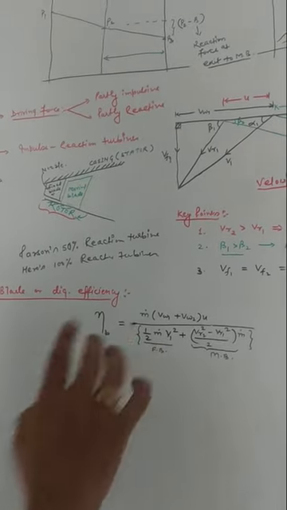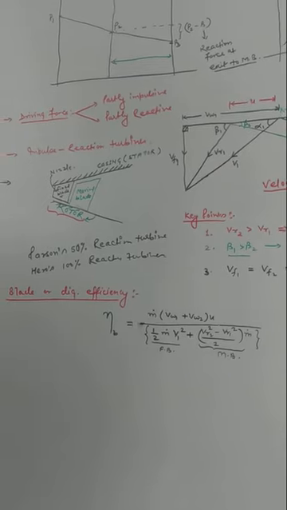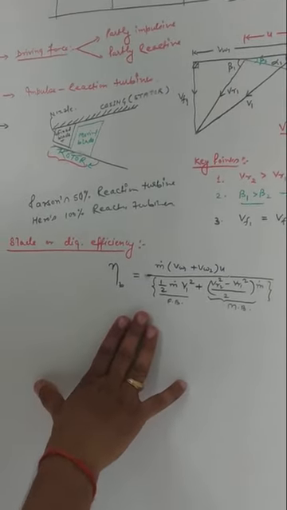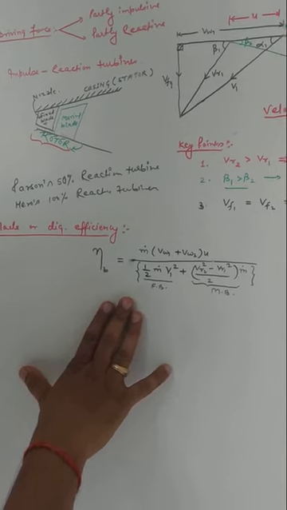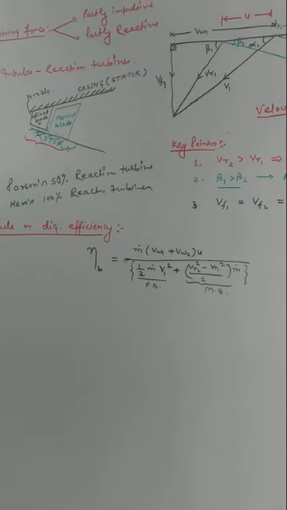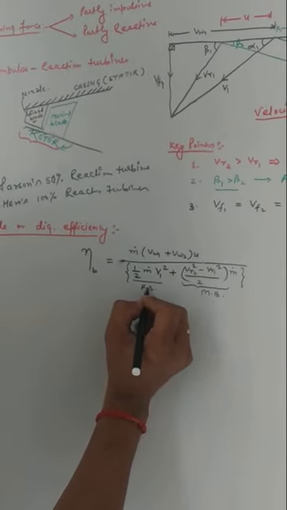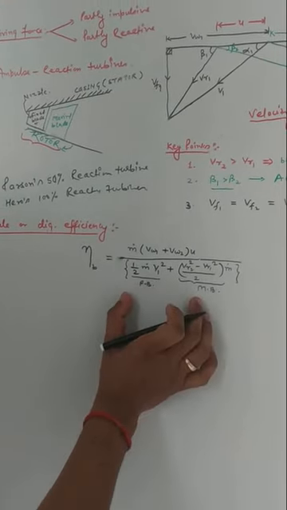Okay, and the numerator is the output work done at the shaft. So this is the blade or diagram efficiency in the case of a reaction turbine. In the denominator you can see again the total energy supplied.